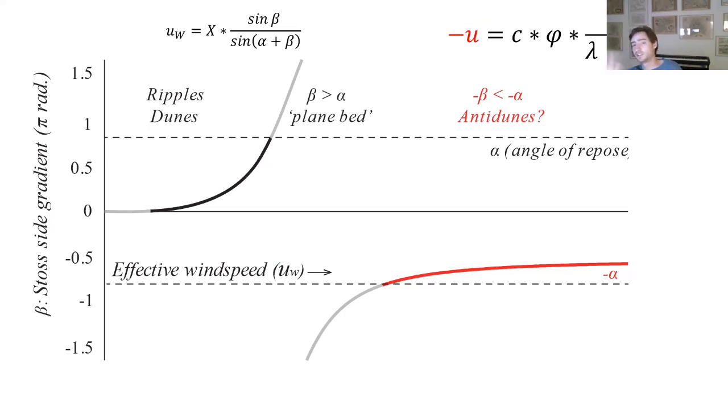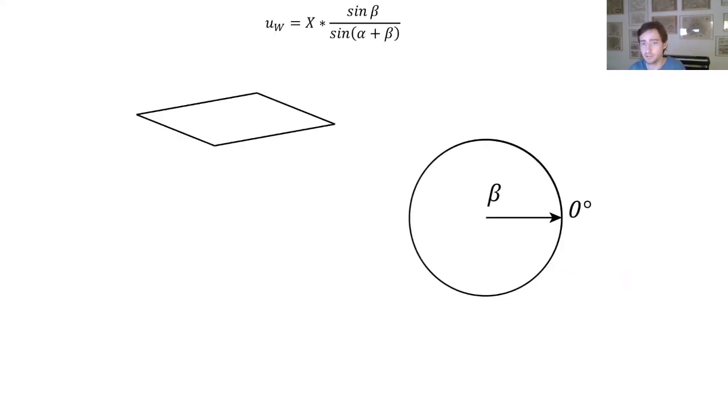This has not really been tested yet, and this is really speculation. It's a hypothesis that I'm trying to develop a little more. But it's an interesting concept that this geometric idea is also consistent with our understanding of bedform stability.